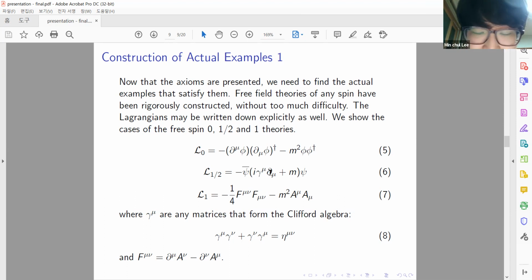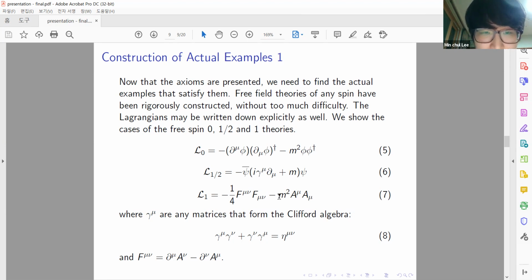And this is what Dirac found out, and Weinberg states that this is because of the probability density issue. In order for the half integer spin fields to have positive definite probability densities, it must have only linear Lagrangians. That's another mathematical fact.